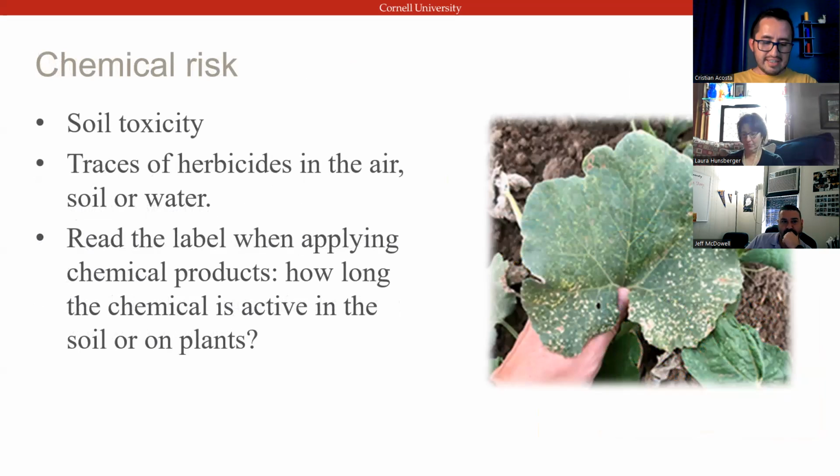And now we have the last part of this first session, which is chemical risk. Sometimes we can have the perfect seeds, perfect seedlings, perfect soil, even living soil. We can have everything perfect and healthy, and we are almost sure everything is going to be successful.